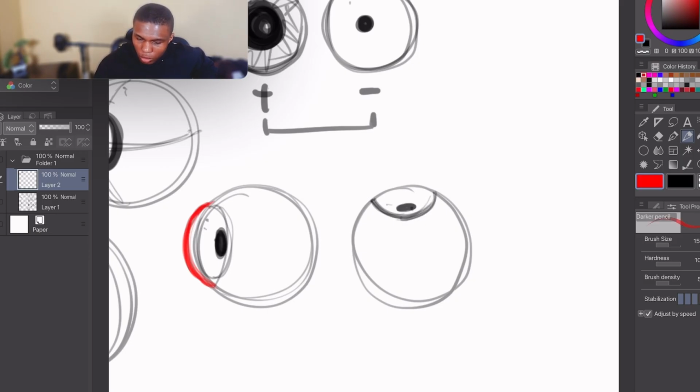So our cornea is going to be curved a little bit like this. So it's like a plate. So whenever light hits it like this, let's put it like this, there is going to be a sort of highlight at this part of the eye, right?